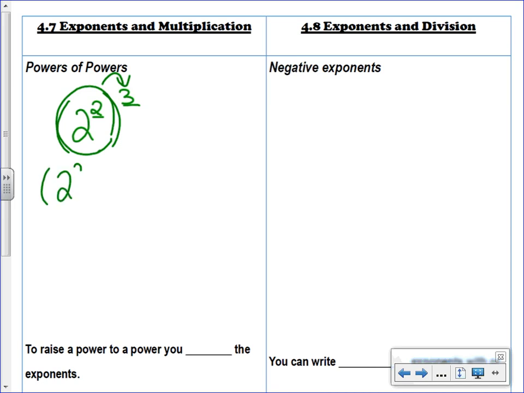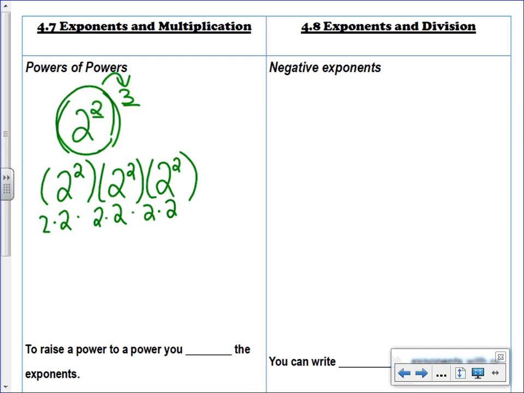So that means 2 squared, 2 squared, 2 squared, which is also 2 times 2 times 2 times 2 times 2 times 2. 2 squared 3 times, which is the same as 2 to the 6th power if you counted all those 2's.